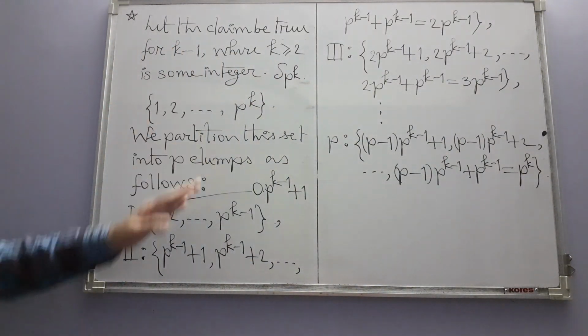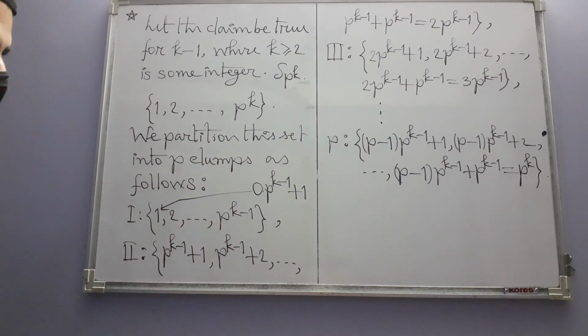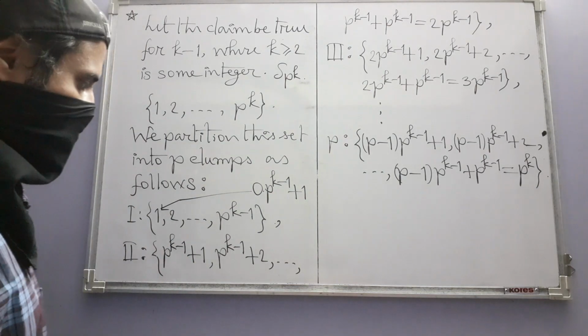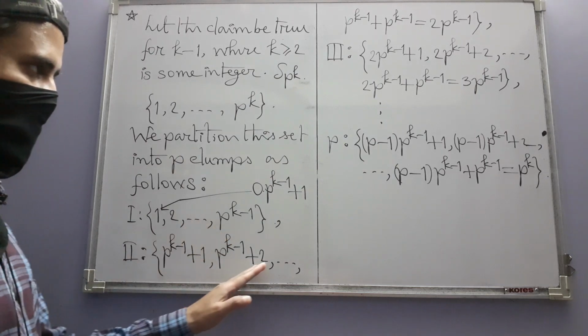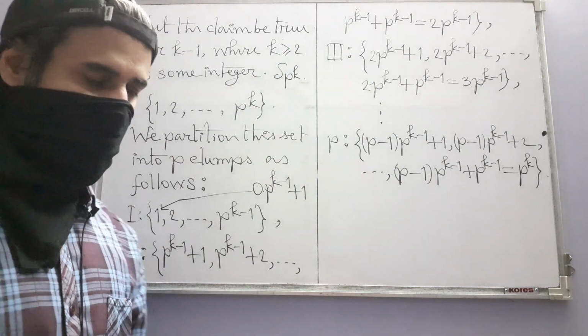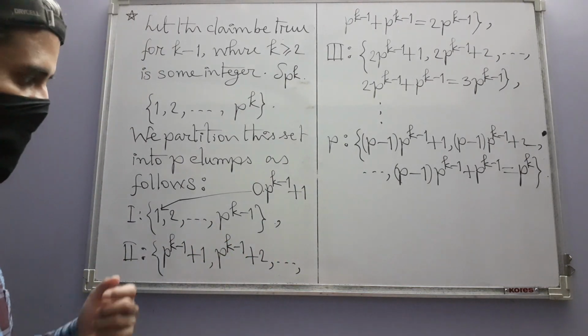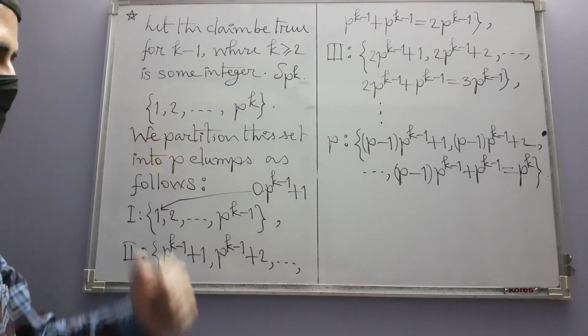So we have exhausted all the elements, and this is a partition clearly because the sets do not have anything in common. They are non-empty and their union is this.